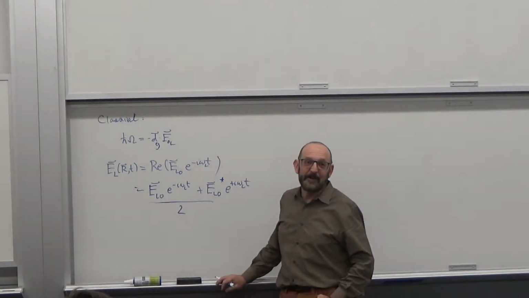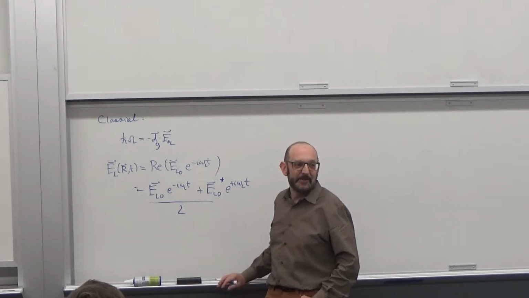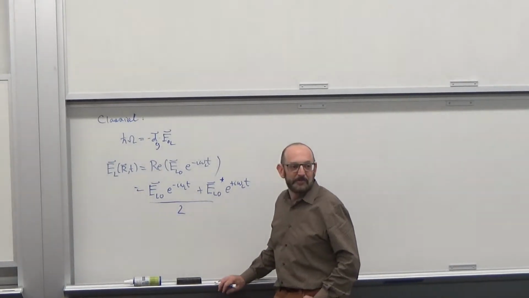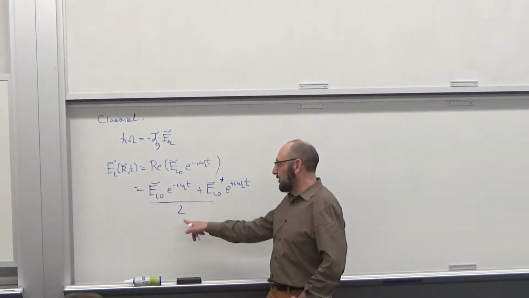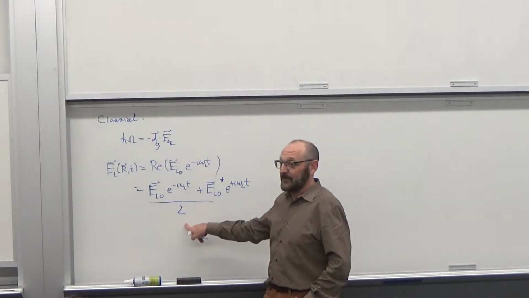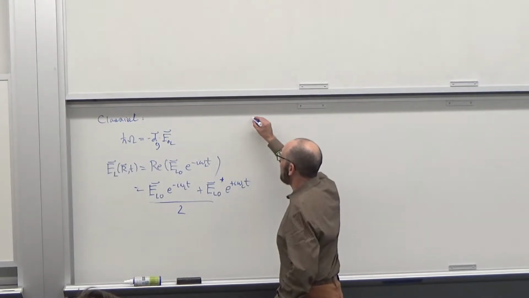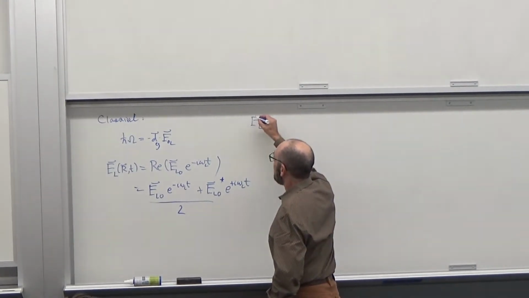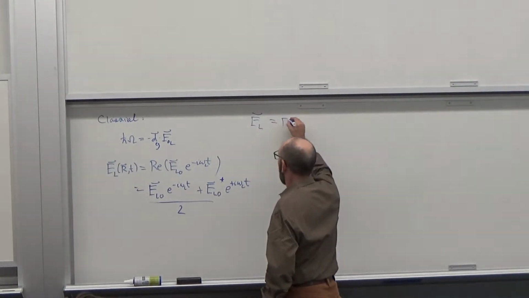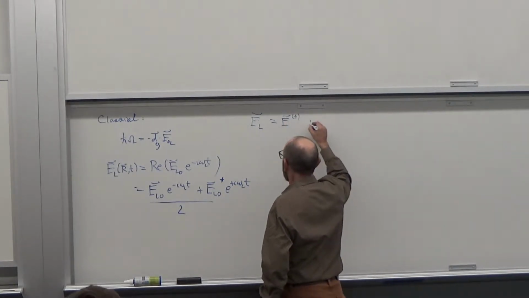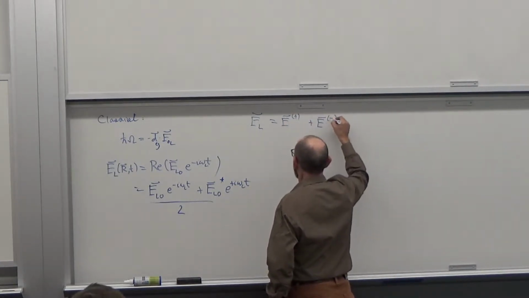That's the real part. You take that plus its complex conjugate over 2. And so there's this factor of 2 over here that we have to be careful about compared to if I write the electric field as its positive frequency part plus its negative frequency part.